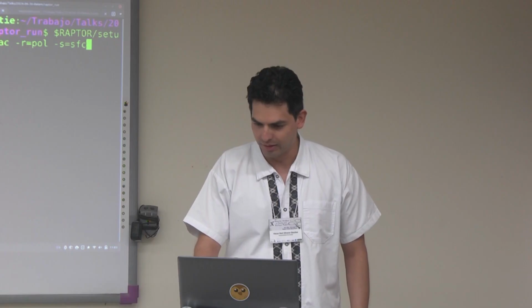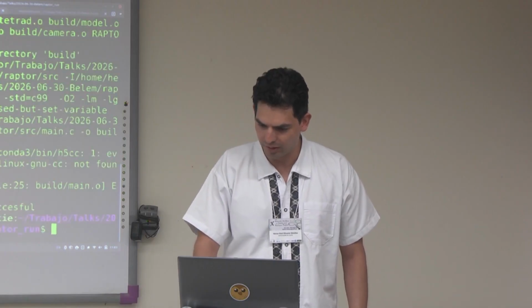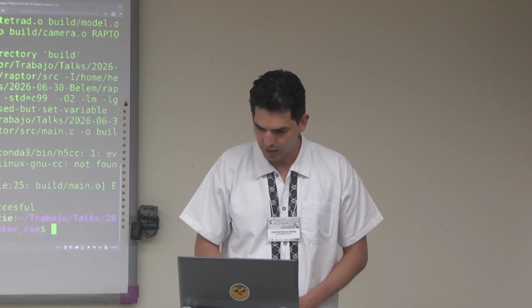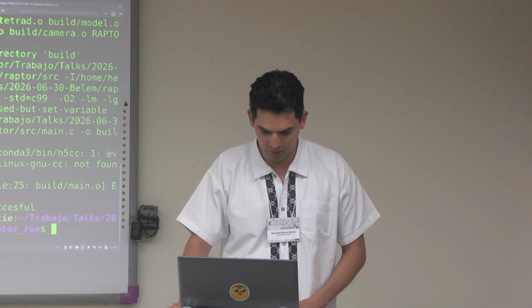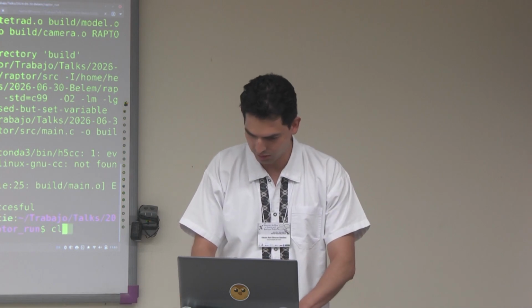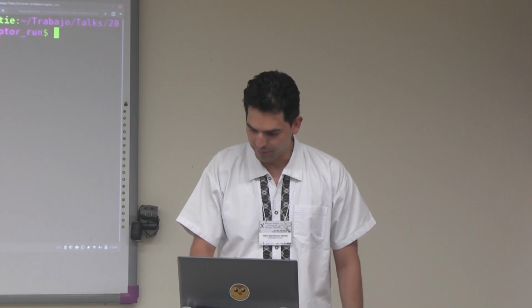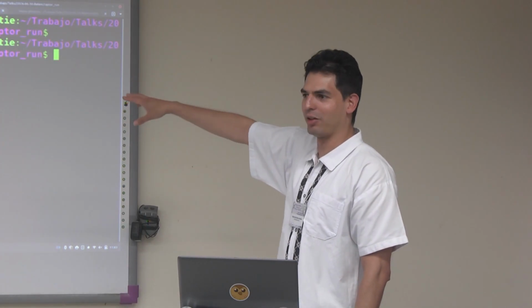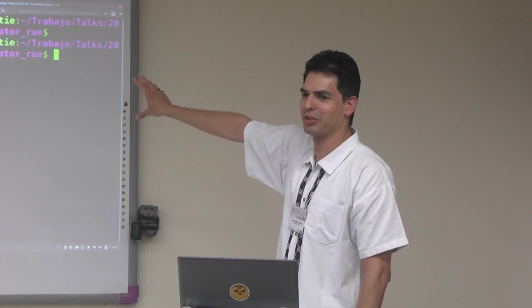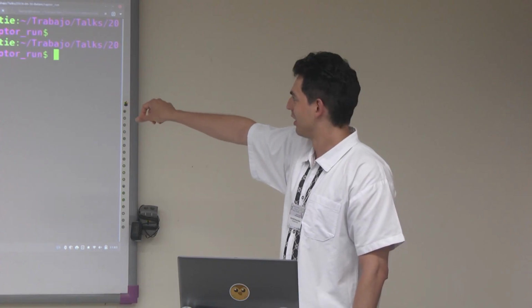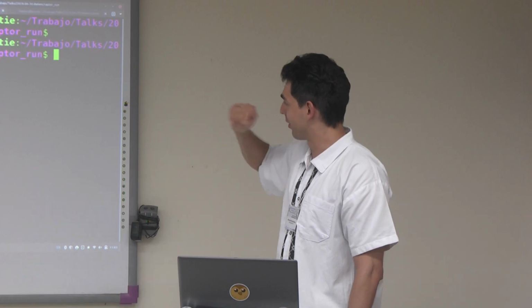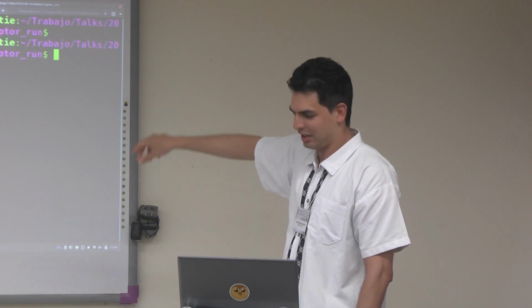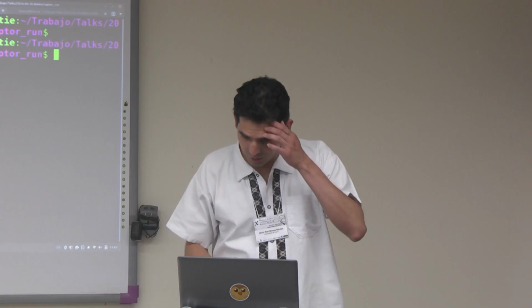So then let's start running the configuration script. Okay, so here there is something wrong. There is a problem with my Conda configuration, it is missing the compiler, but this is not a problem.